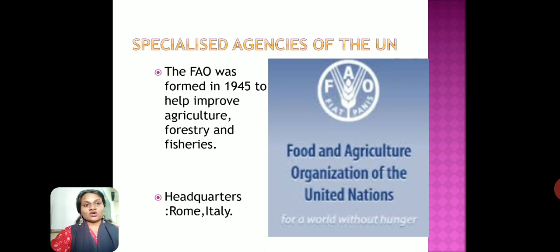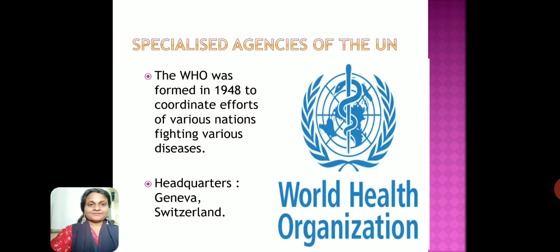So this is the job of the Food and Agriculture Organization, to improve and teach countries how they can improve their forests or agriculture. The headquarters of FAO is in Rome, Italy.